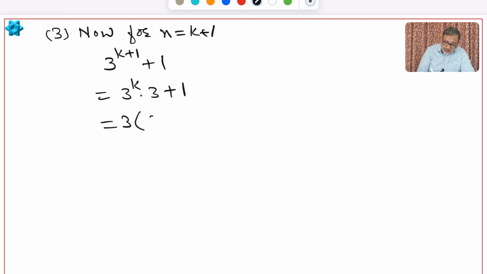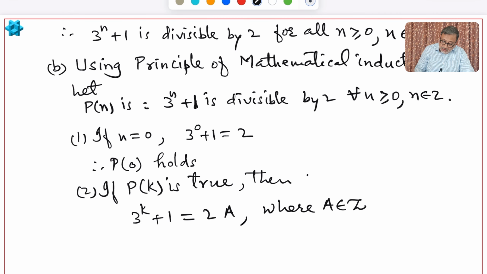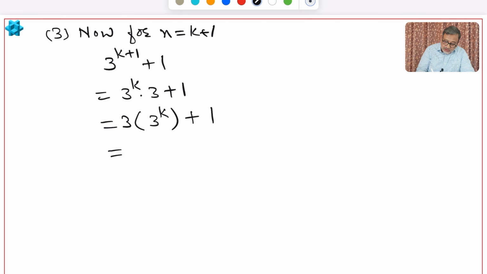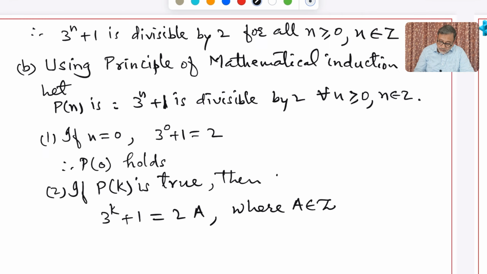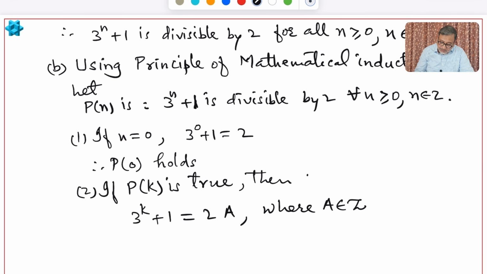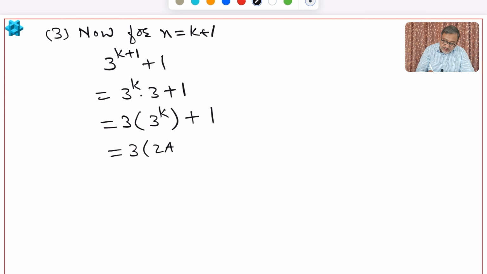Now for 3^k, we can use the second step, the inductive hypothesis, so that will become 2a minus 1, since 3^k + 1 is 2a, but there was no 1 given with this.